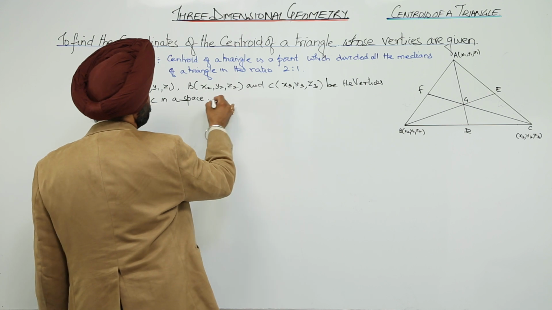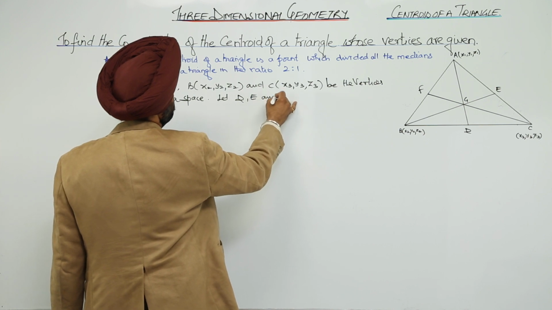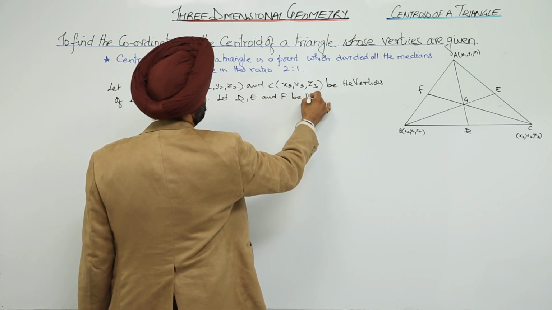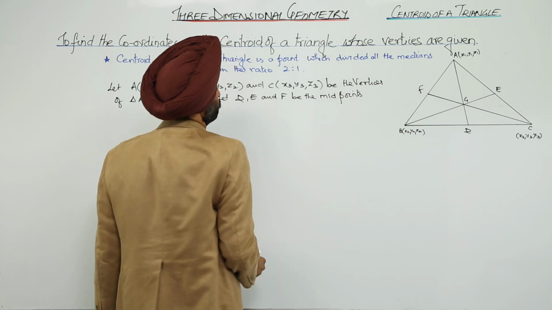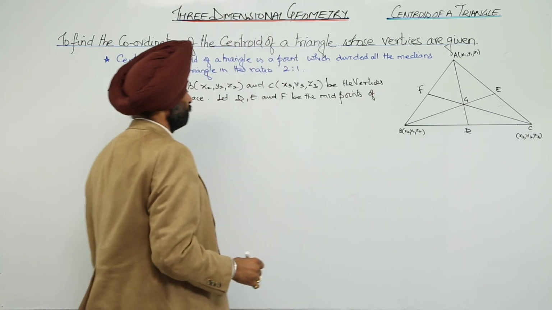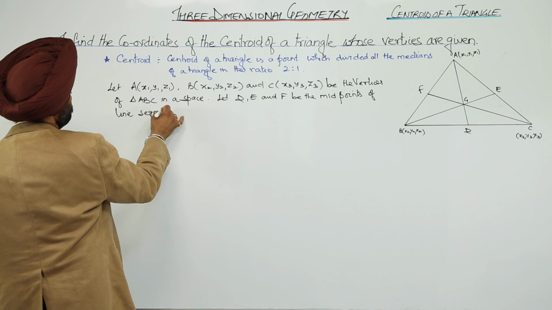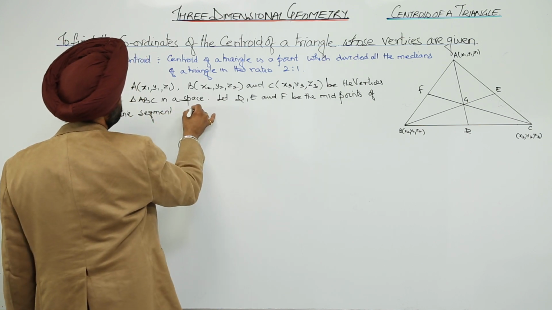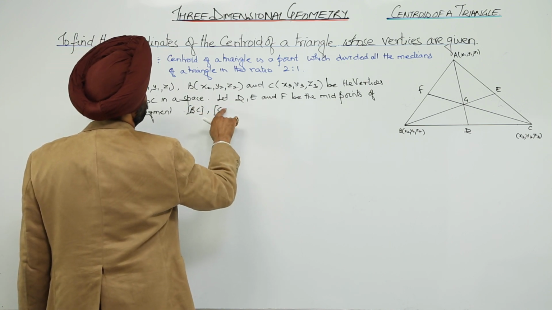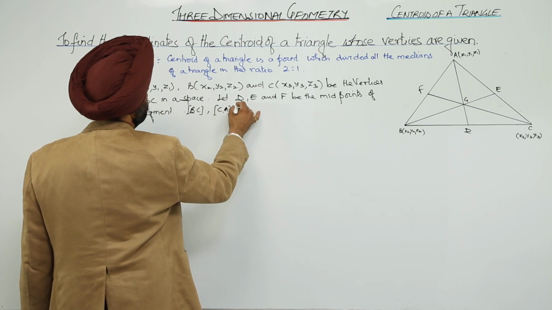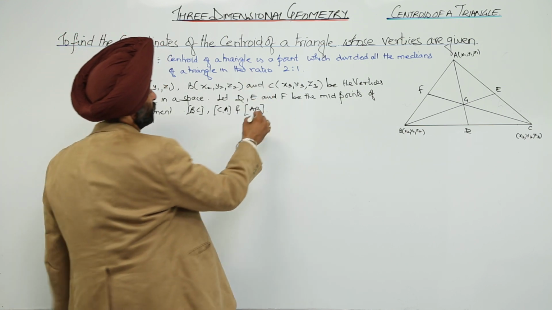Now let D, E and F be the midpoints of line segments BC, CA, and AB respectively.